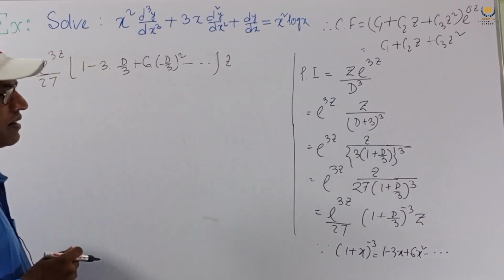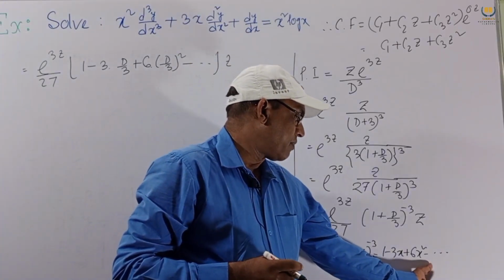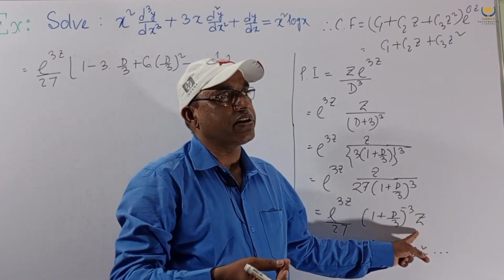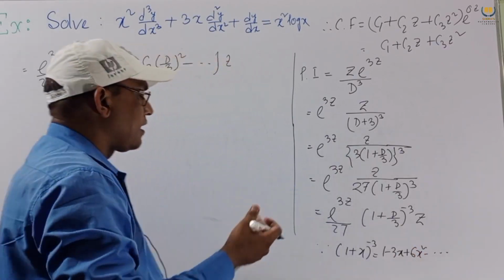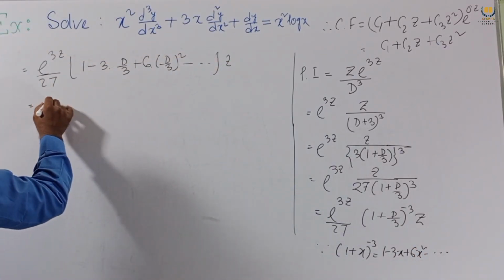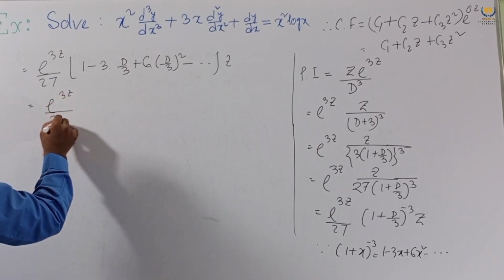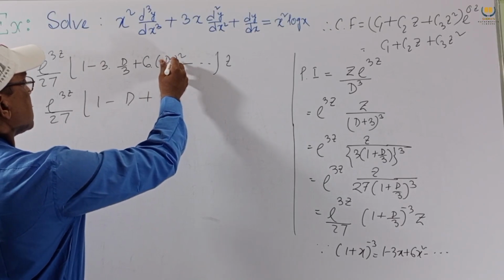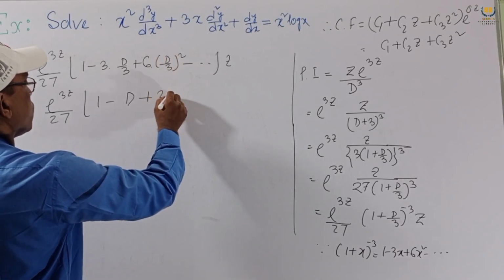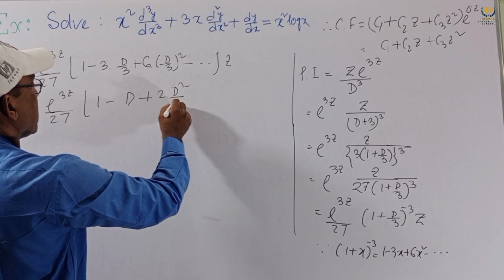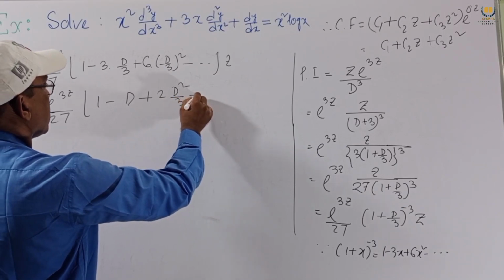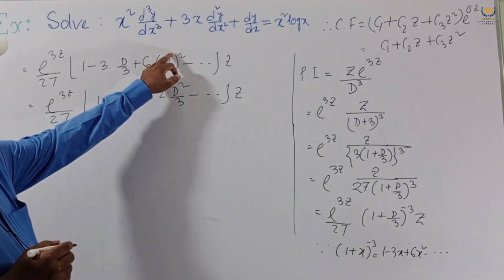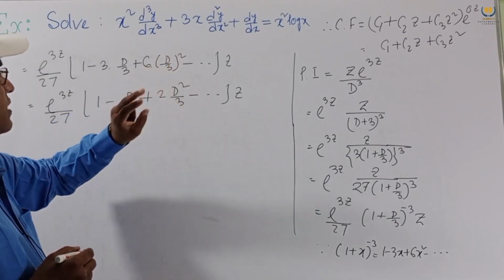But no need to expand higher degree because our algebraic term is only z. If we differentiate z once, we get 1, others no need to write. So this is e to the power 3z by 27, 1 minus D plus 2D square by 3 minus dot dot dot, z.